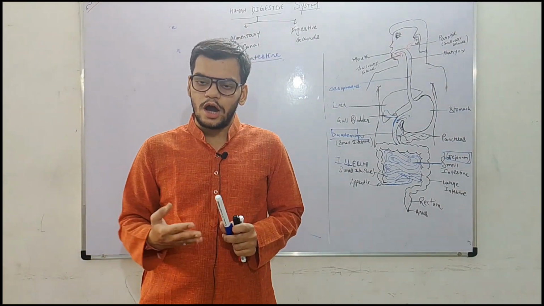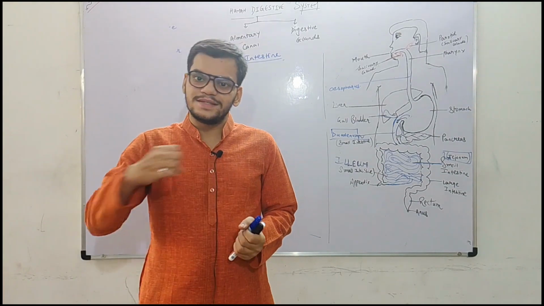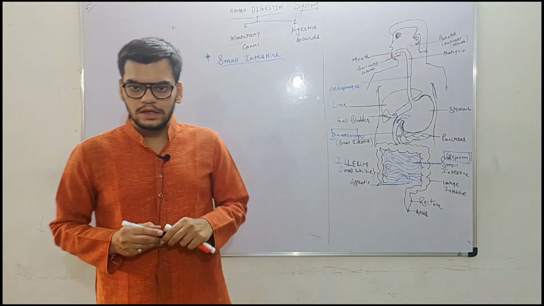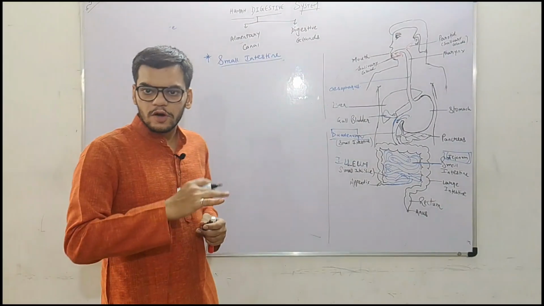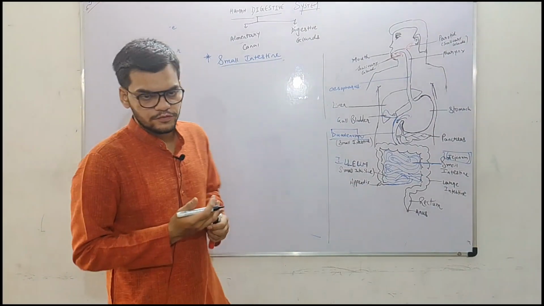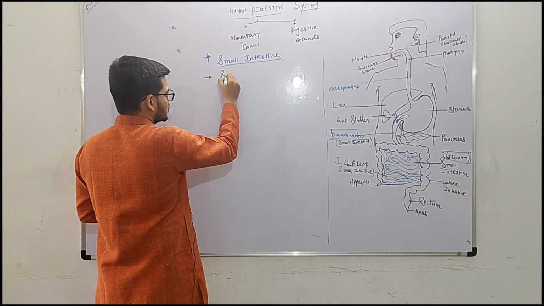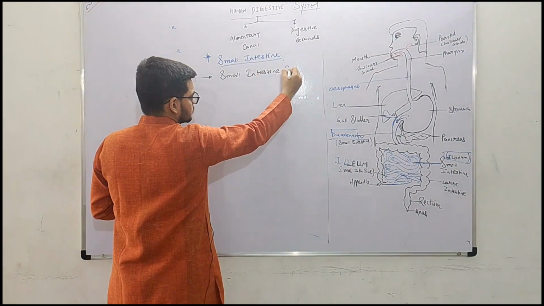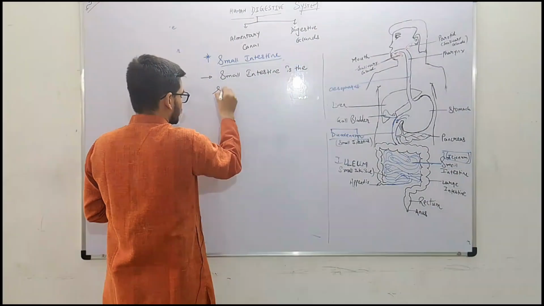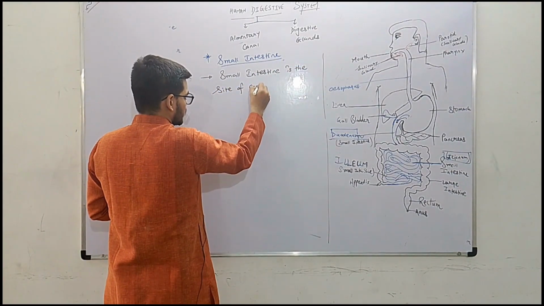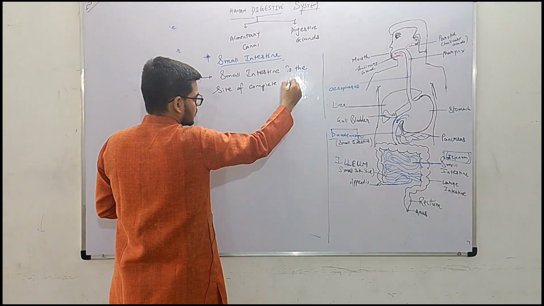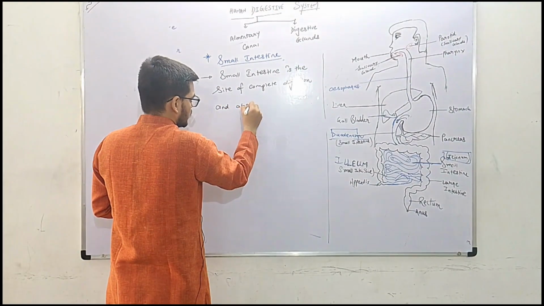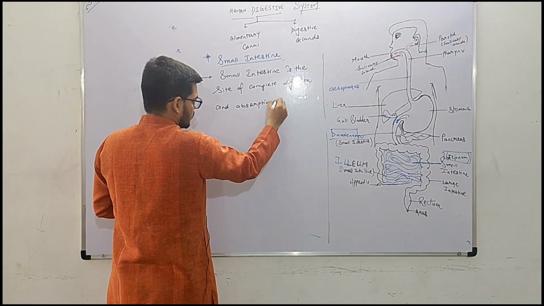Now we are going to study how digested food will be absorbed inside the small intestine. Before that, it is required to mention that the small intestine is the site of complete digestion and absorption of food. So we will write one point: small intestine is the site of complete digestion and absorption of food.